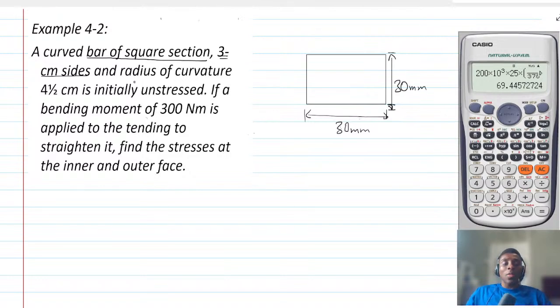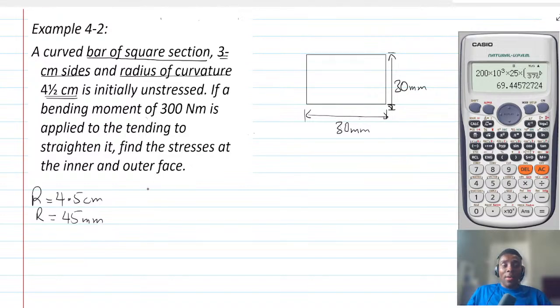Now the radius of curvature is 4.5 centimeters. So r, the radius of curvature, is the same as 45 millimeters.